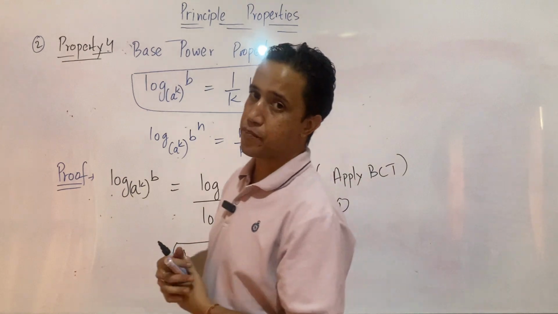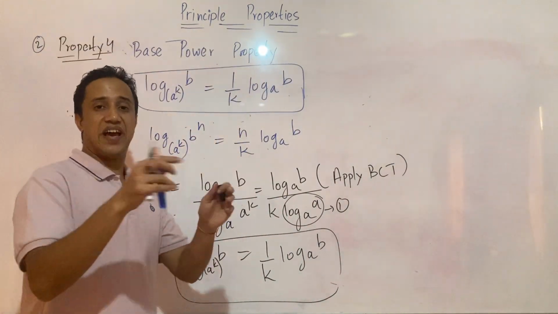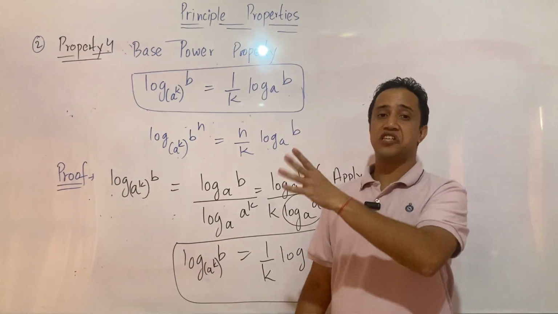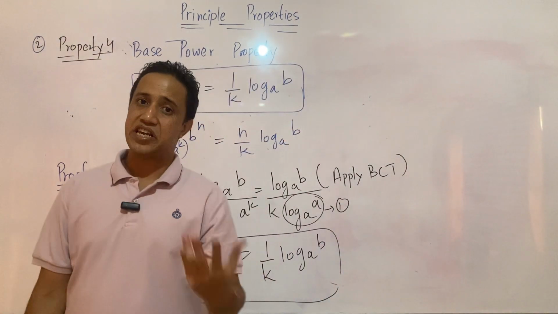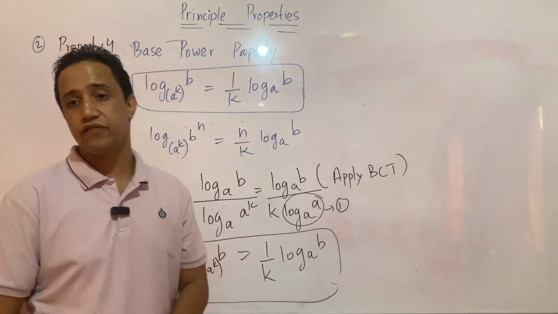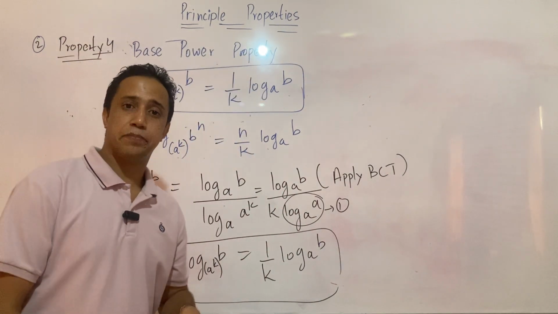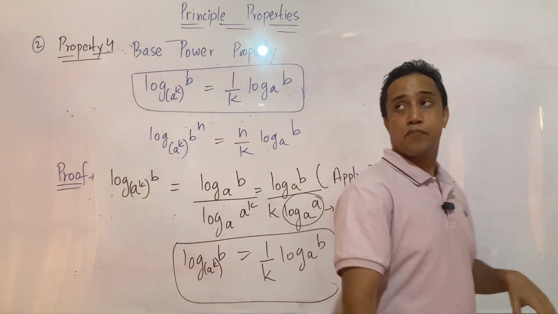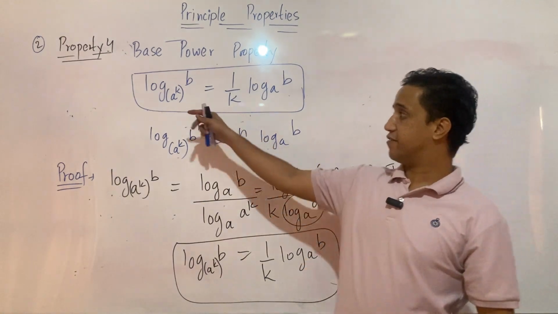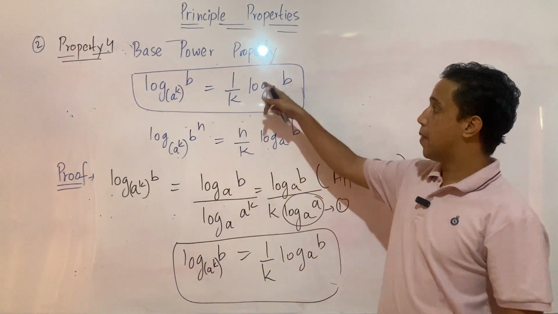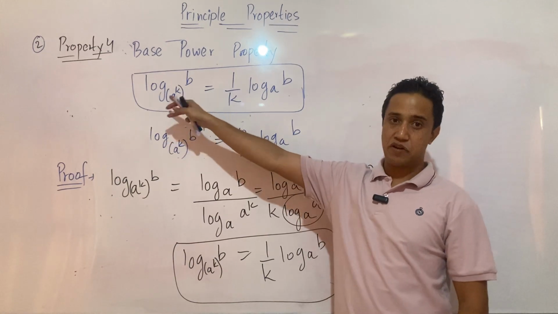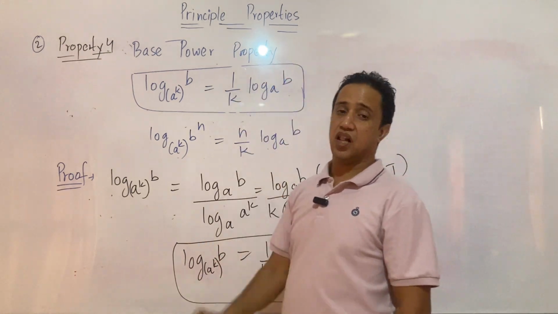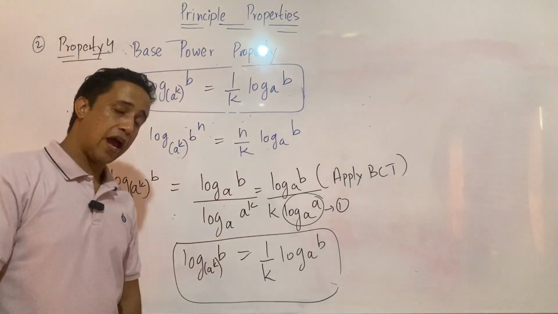Property number 3 was the exchange property, which says that a raised to log of c to the base b is equal to c raised to the exponent log of a to the base b. Number 4 is the base power property, and it says that if your base is raised to a power, in the form of a raised to power k, then this will come outside as 1 by k log of b to the base a.